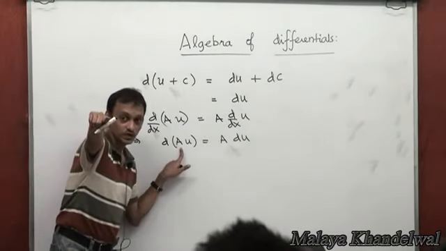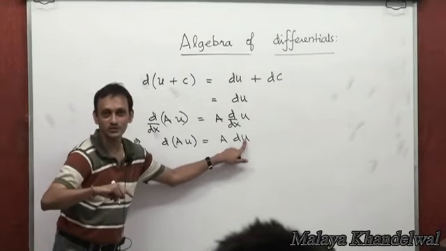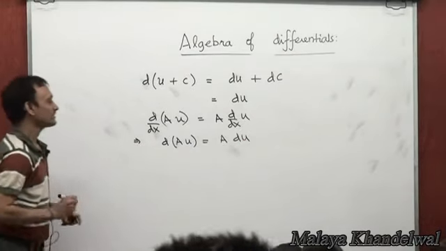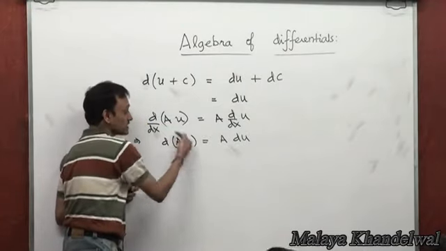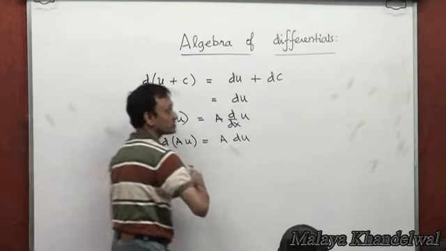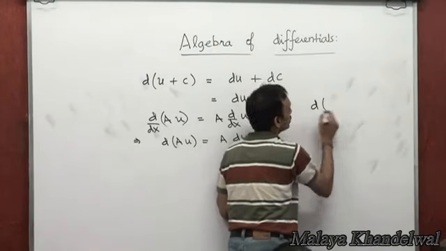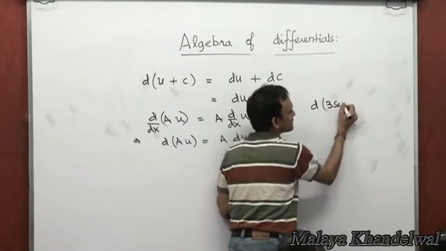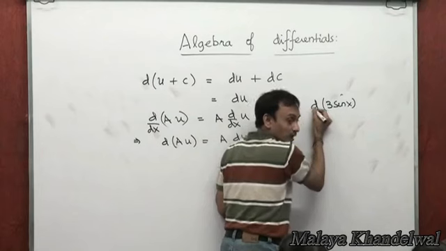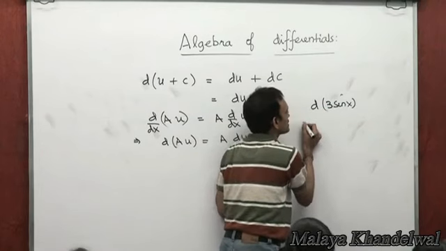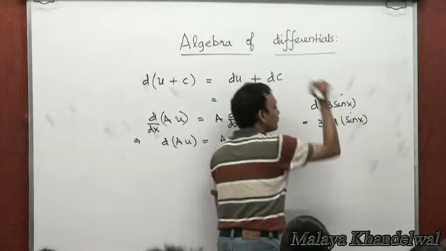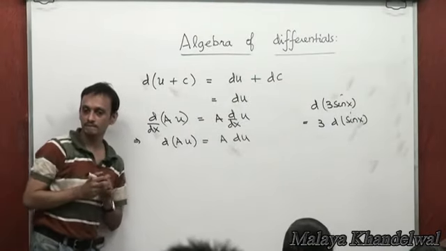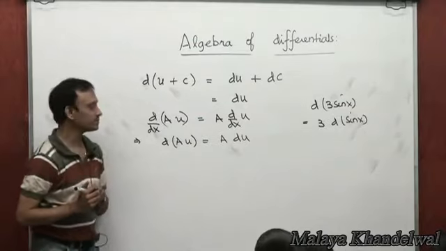So this a can come out of the differential sign, which means if I had d of 3 sin x, I can allow this 3 to come out: 3 times d of sin x. Got me?